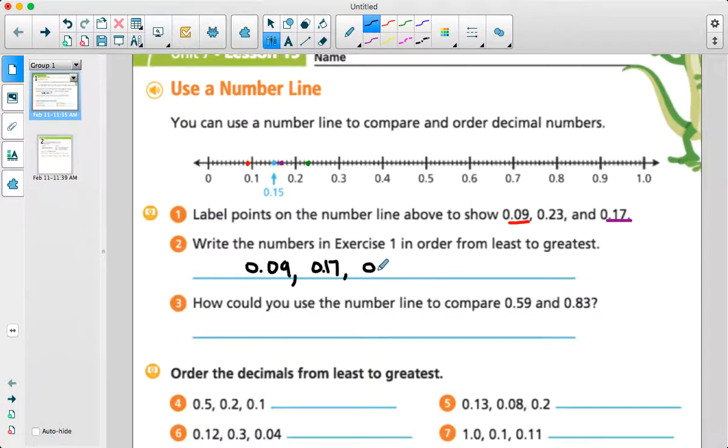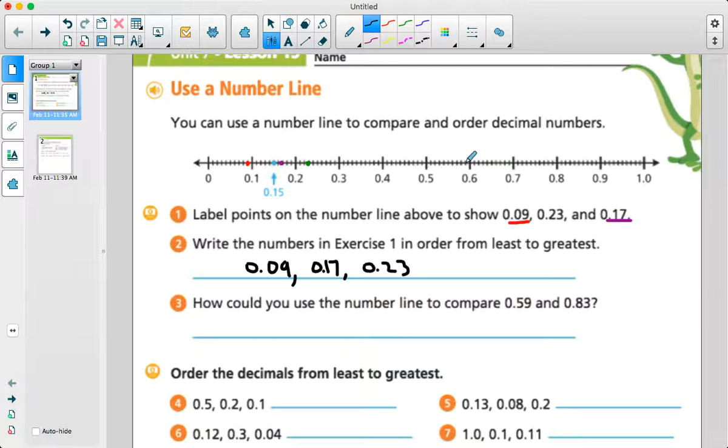All right, good. Then it says, how could you use the number line to compare 59 hundredths and 83 hundredths? Well, I could find both of them on the number line, and I could use that to help me compare which one's bigger and which one's smaller, right? So if I look here, I know that I find the 5, and then it says go over 9 spots.